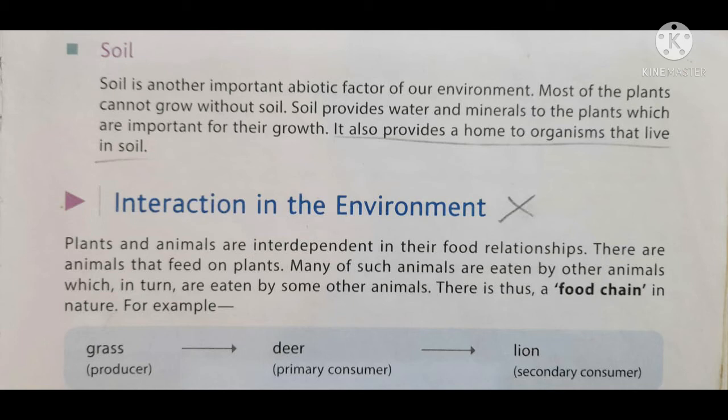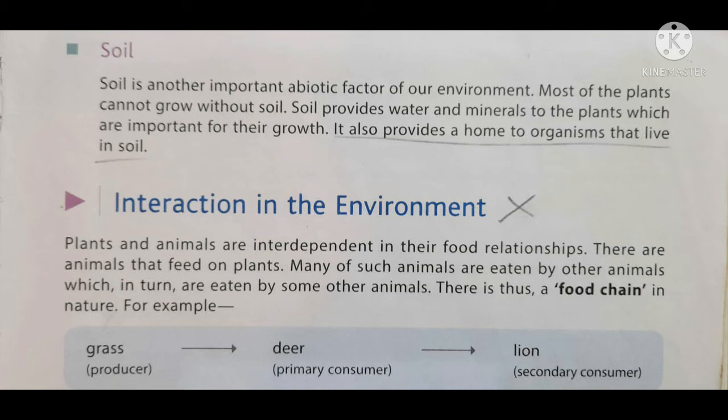So, our next topic is interaction in the environment. Plants and animals are interdependent in their food relationships. There are animals that feed on plants. Many of such animals are eaten by other animals, which in turn are eaten by some other animals.